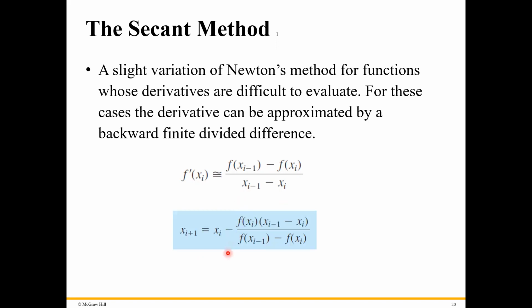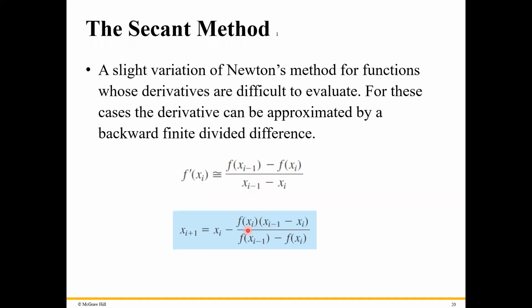And then we can see from here that by simple algebraic manipulations, the Newton-Raphson method can be converted into this formulation. So this is the same as the Newton-Raphson method, but using this formula in the Newton-Raphson method.